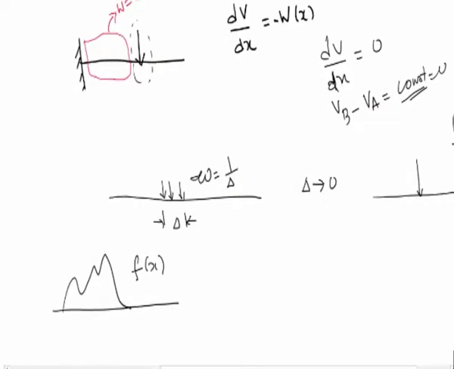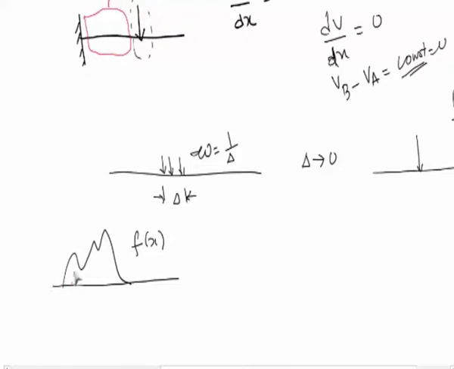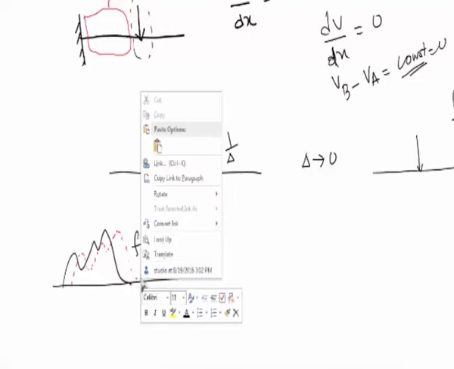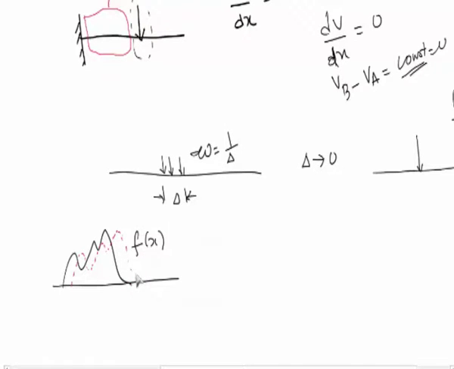So if this is f of x, in red I will try to draw the same function but with a shift of a. This is just a translated version; you take the function and just translate it. So this function is f of x minus a.